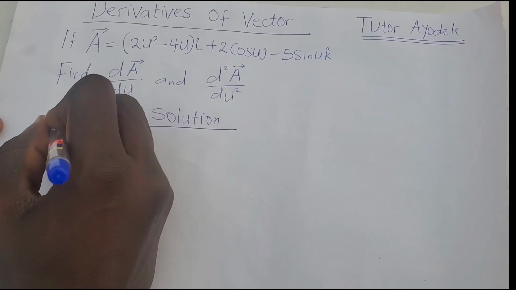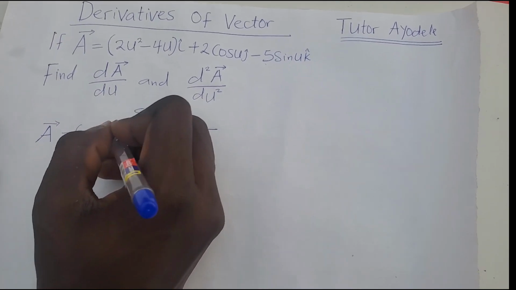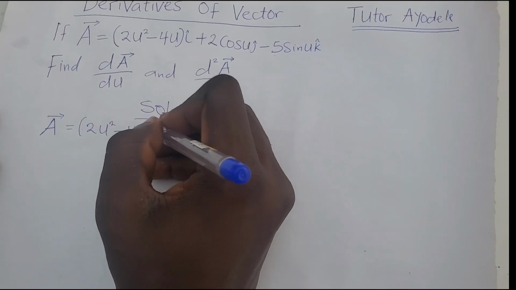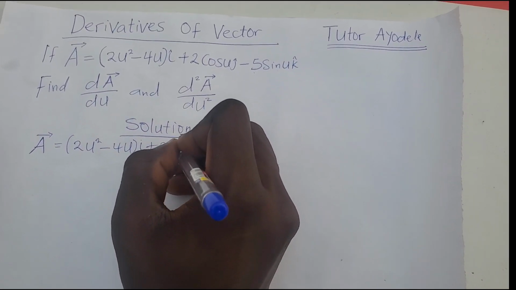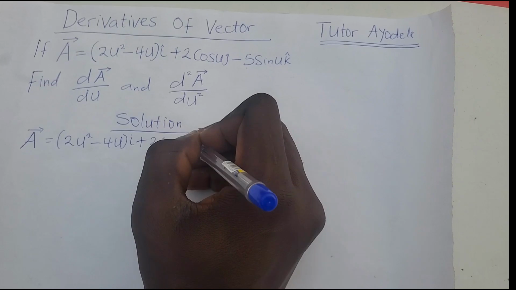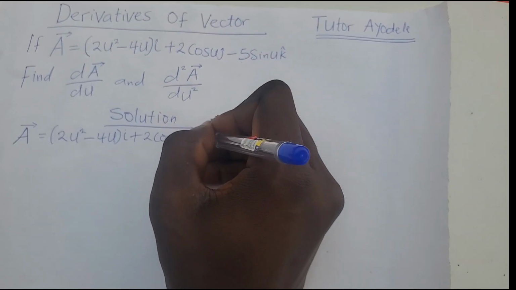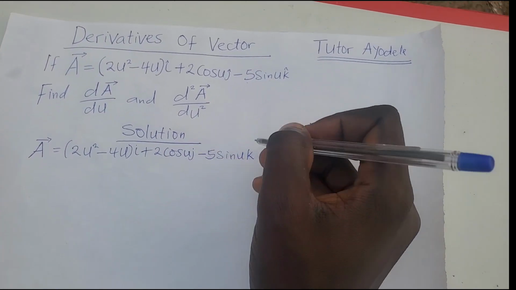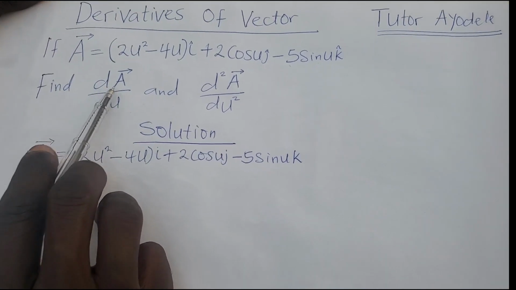Vector A equals (2u squared minus 4u) i plus 2 cos u j, this is i, this is j, this is k, minus 5 sin u k. Okay, so the first one says the derivative of A with respect to u.